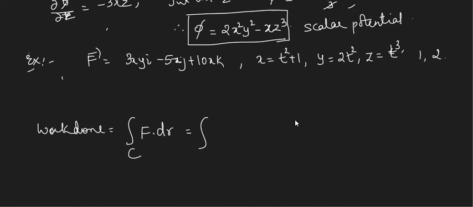Whenever we use a definition, how do we simplify it? Don't you remember? F dot dr by dt into dt. Let us use this. For this, we require what is F and what is dr by dt in terms of t.